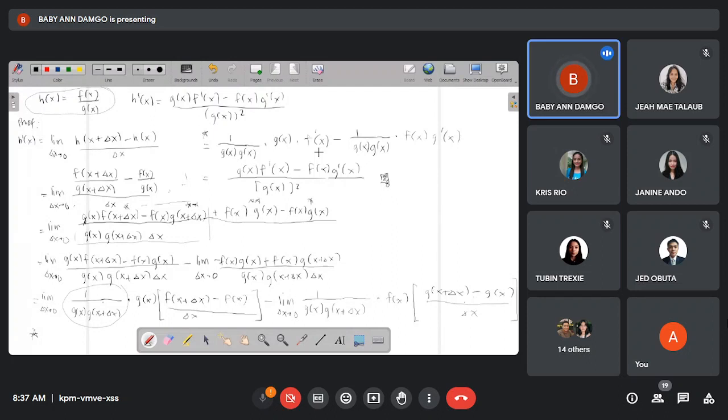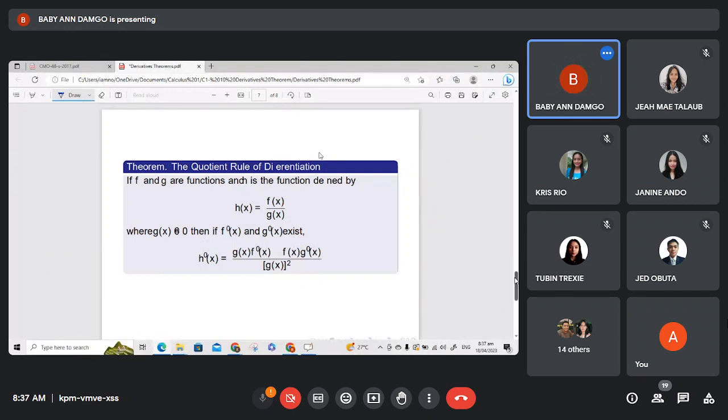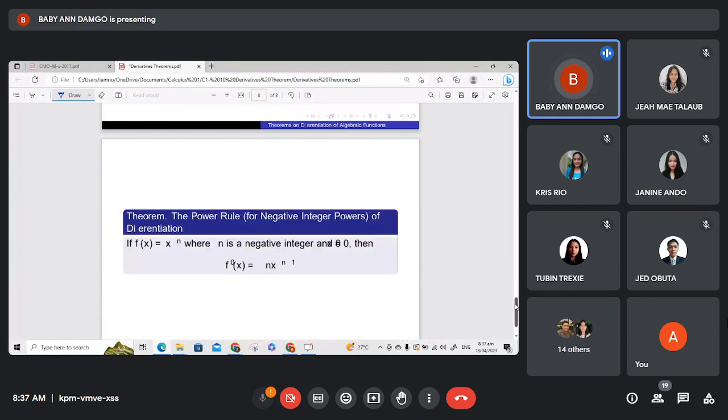So, another one. Okay, this is the power rule. We have f of x equal to x to the negative n.